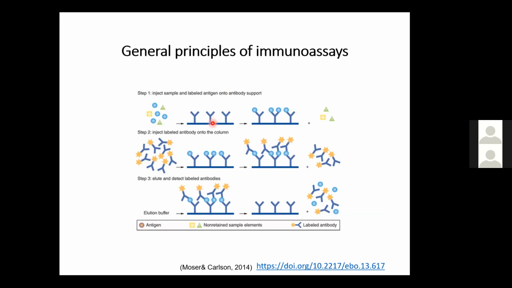For instance, the plate will be coated with an antibody, and as you inject your sample, the particular antigen that the antibody is specific for will bind onto that antibody coated on the plate. The rest, as you do the wash steps, any other protein will wash through. And what you'll be quantifying is the amount of target antigen that's bound to your antibody.